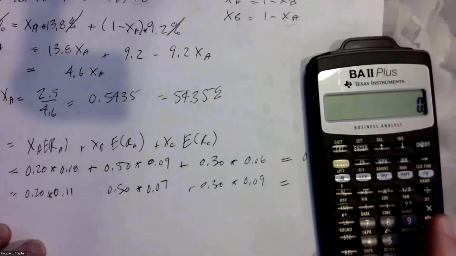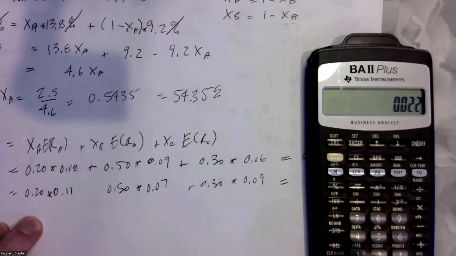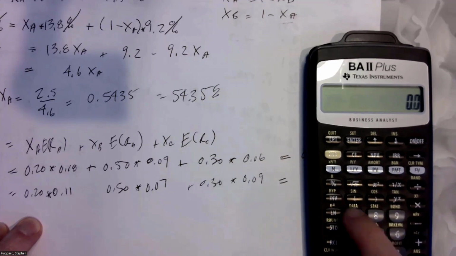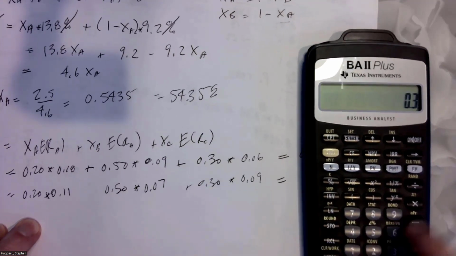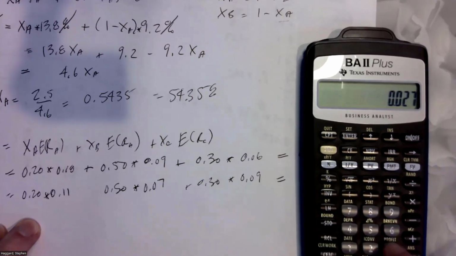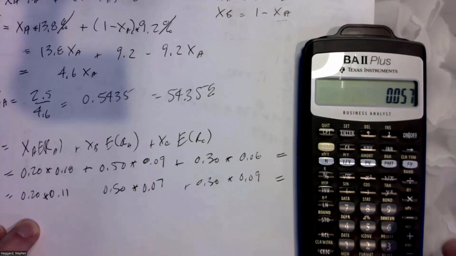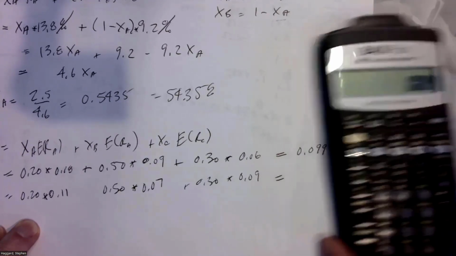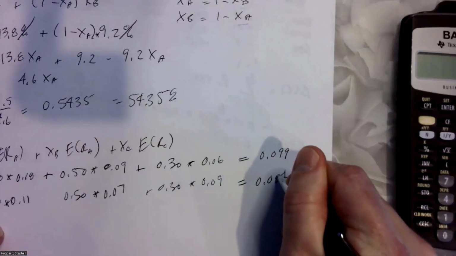And so once again, I'm going to go through here. I'm going to say 0.2 times 0.11 equal store 1. 0.5 times 0.07 equal store 2. 0.3 times 0.09 equal store 3. Recall 1 plus recall 2 plus recall 3 equals. I'm getting 0.084. Is anybody getting a different number than that?